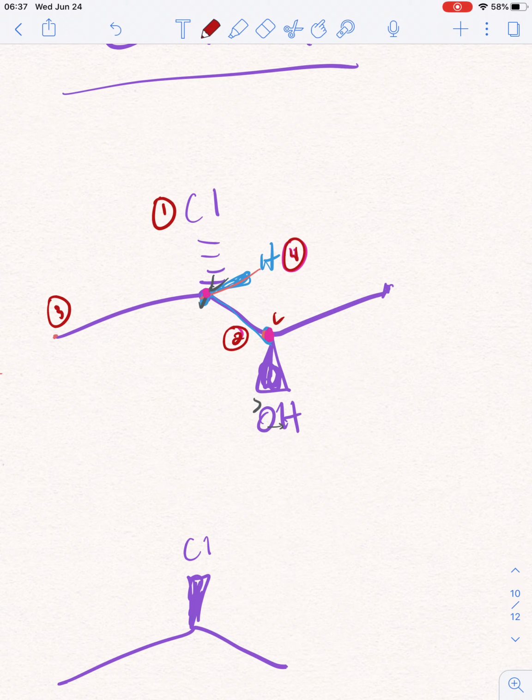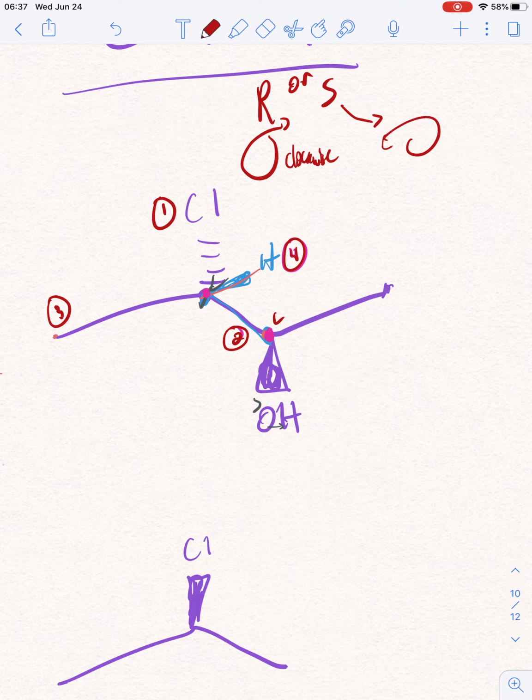Okay, so we have to figure out if this is R or S, right? R means the priorities go in a clockwise direction. S means the priorities go in a counterclockwise direction. Okay? So it has to go from the highest priority to lowest.